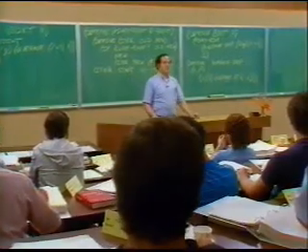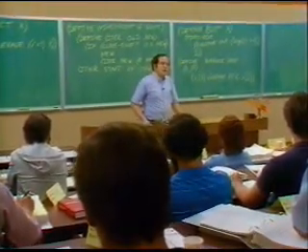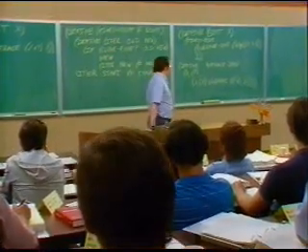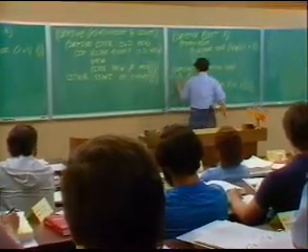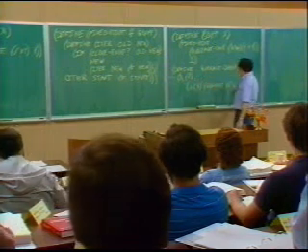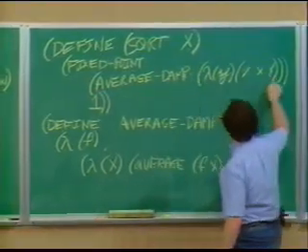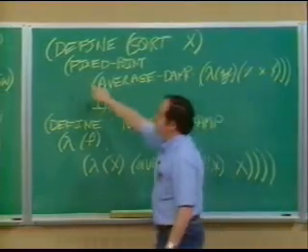I don't understand why you use lambda twice. Can you just use one lambda, take two arguments, f and x? No, that would be a different thing. If I were to write the procedure lambda of f and x, the average of f of x and x, that would not be something which would be allowed to take a procedure as an argument and produce a procedure as its value.